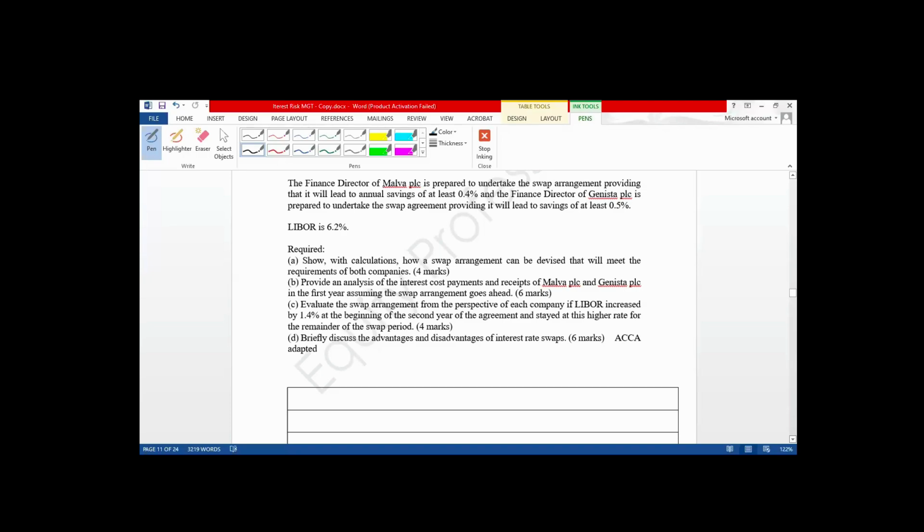Like I said, if you are faced with a question on interest rate swap, the first thing to do is confirm the availability of a profitable opportunity for swap.